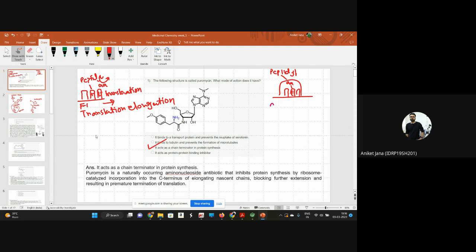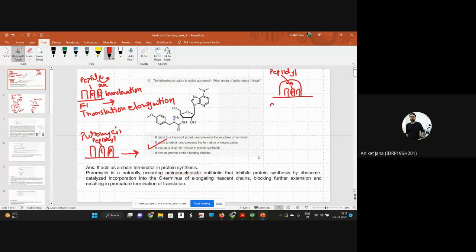And in the presence of puromycin, here tRNA, here peptidyl, and here puromycin is there.